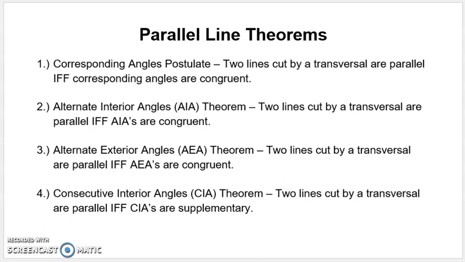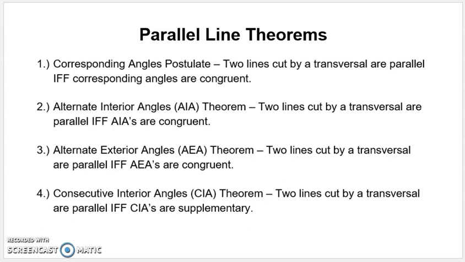Two lines cut by a transversal are parallel if and only if alternate interior angles are congruent. The lines cut by a transversal are parallel if and only if alternate exterior angles are congruent. And the lines cut by a transversal are parallel if and only if consecutive interior angles are congruent. So those are four important parallel line theorems.